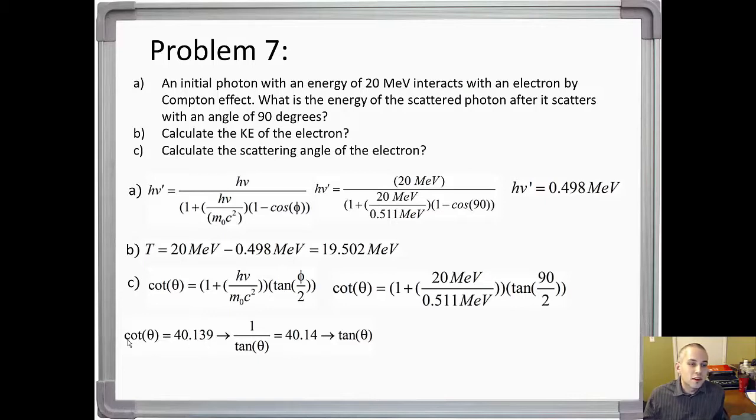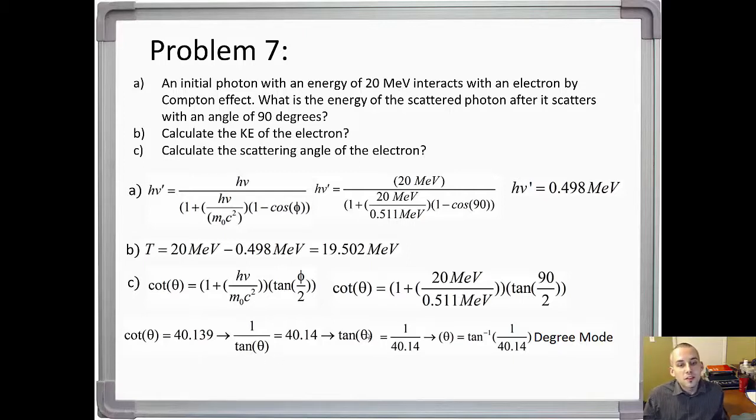But notice here that you can't calculate this on your calculator, right? There is no cotangent button on your calculator. So this is a sneaky one. How do you solve this? As a refresher, I shall show you. Remember that cotangent theta is equal to 1 over tan theta.